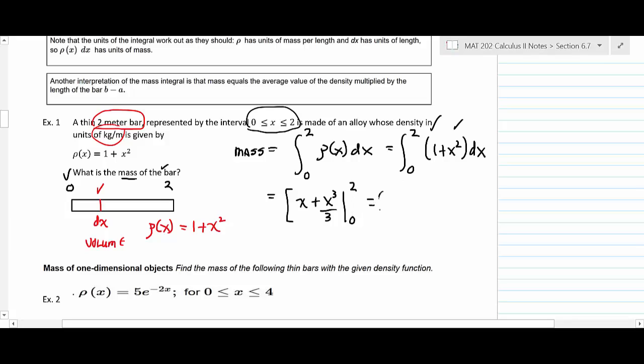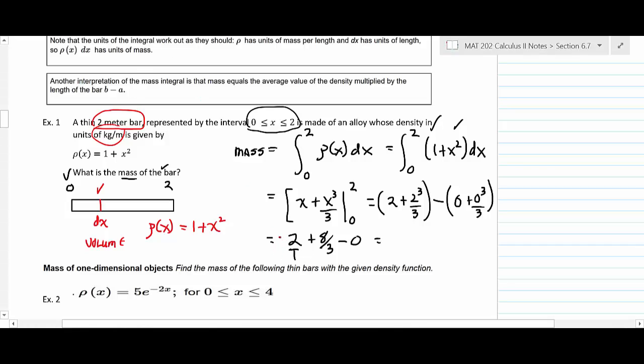Okay, so if we do that, we're going to have 2 plus 2 to the third over 3, minus 0 plus 0 to the third over 3. So that's going to be 2 plus 8 thirds minus 0. You can put that over 1 and get a common denominator if you want to.